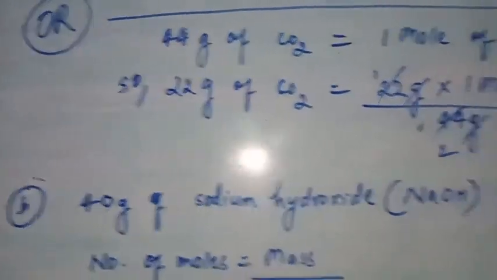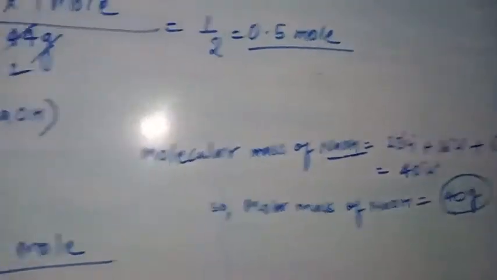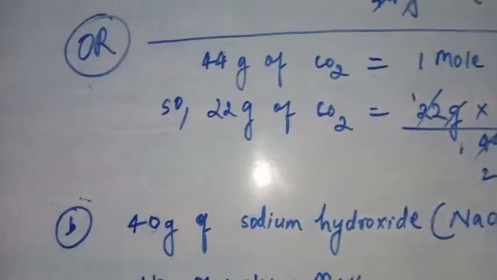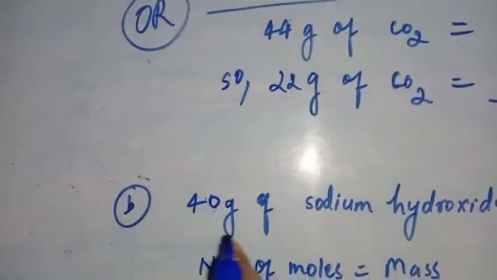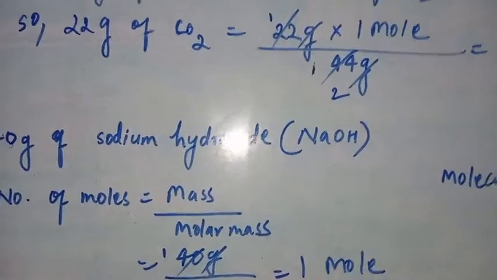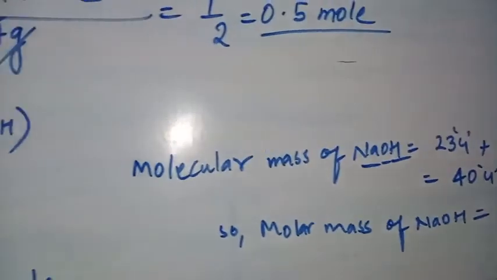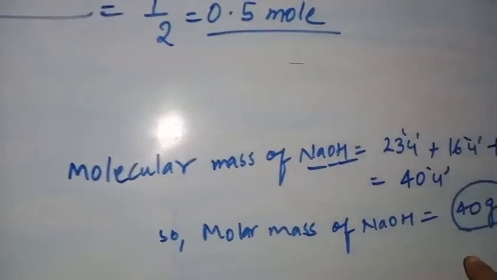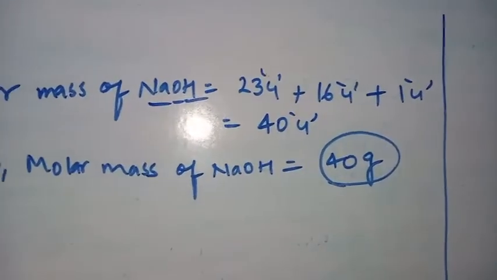Since the molar mass is 40 grams, it is the value of 1 mole. So we write that 1 mole of sodium hydroxide is there in 40 grams of sodium hydroxide. There is no use to do the unitary method and all. Directly you can write in one sentence, by just calculating the molar mass of NaOH, which is 40 grams: 40 gram of sodium hydroxide means it is 1 mole of sodium hydroxide.